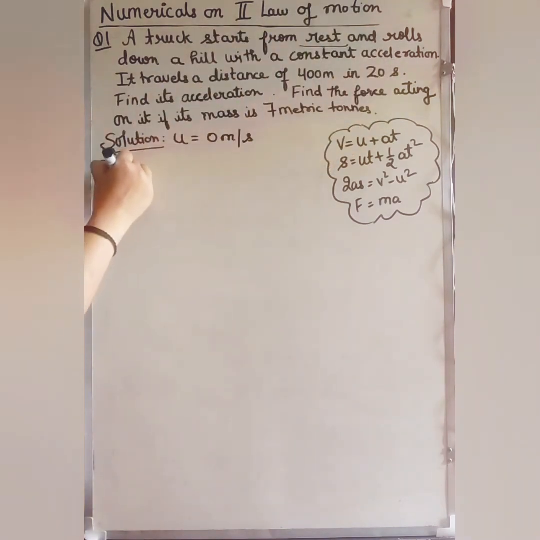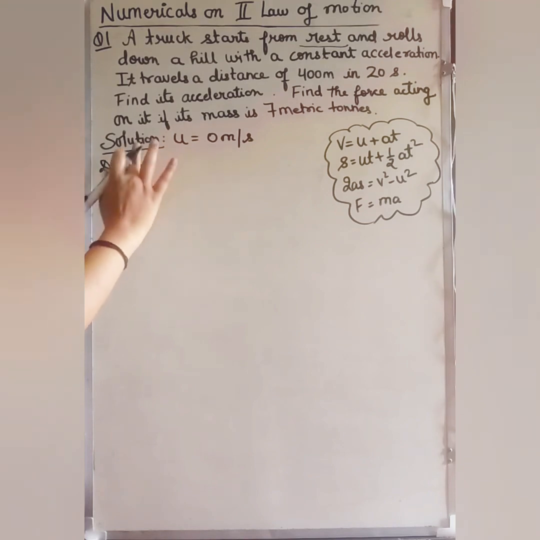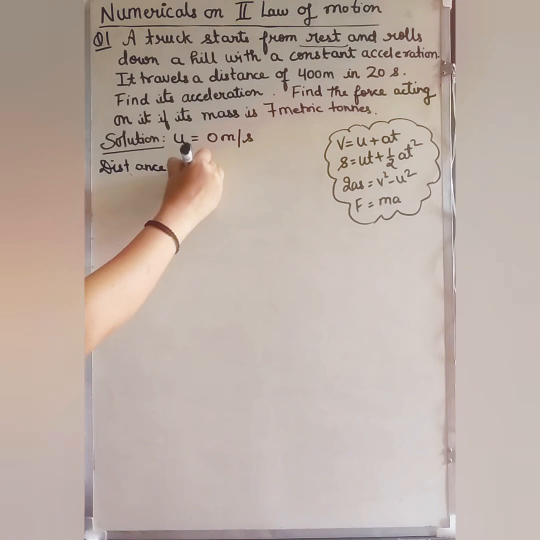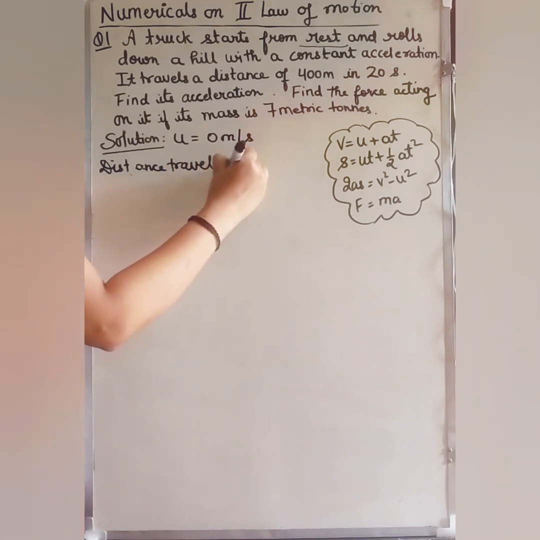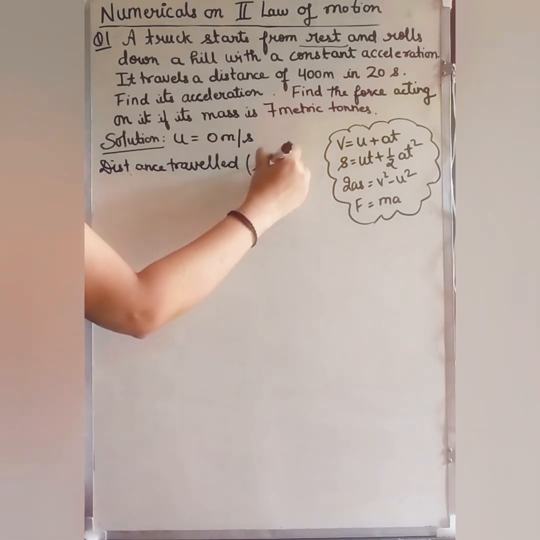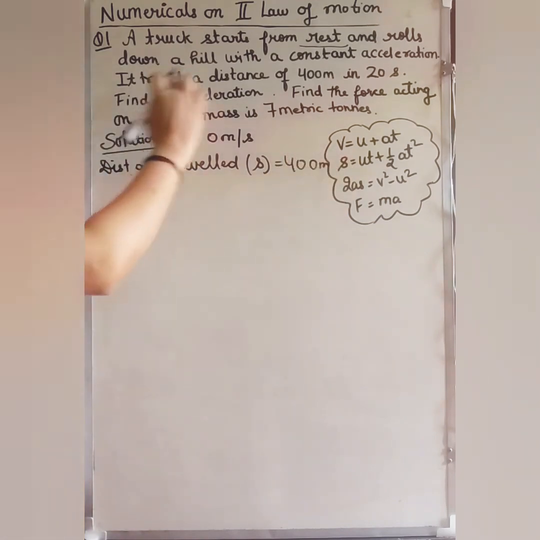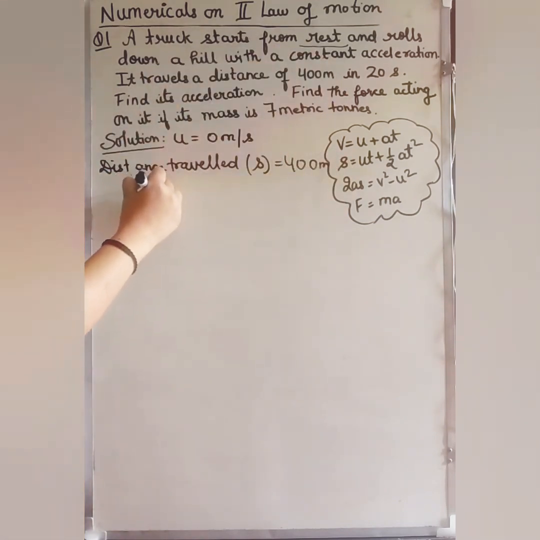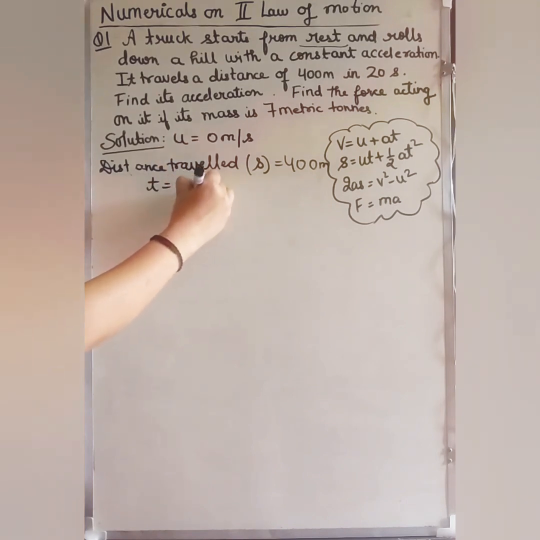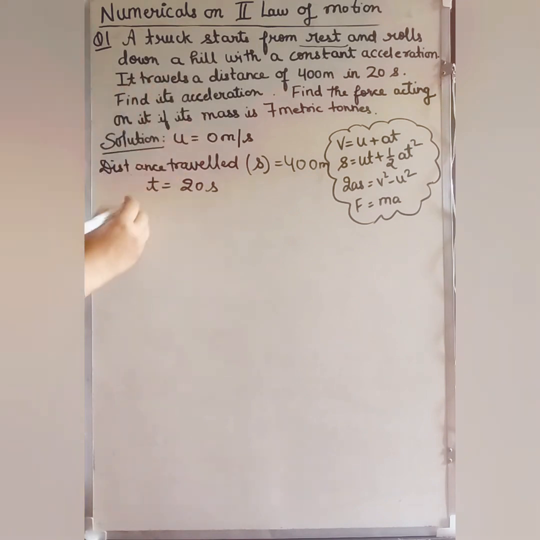So the distance traveled by the truck is represented by S and it is 400 meter. And this distance has been travelled in 20 seconds. So time taken is 20 seconds. Your question is to find out the value of acceleration.